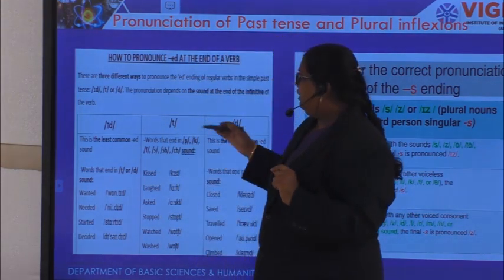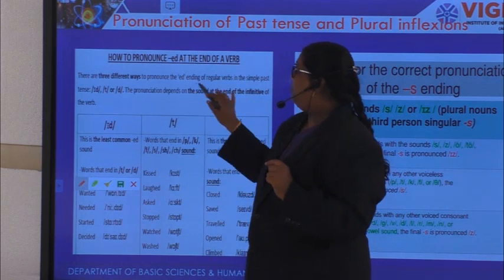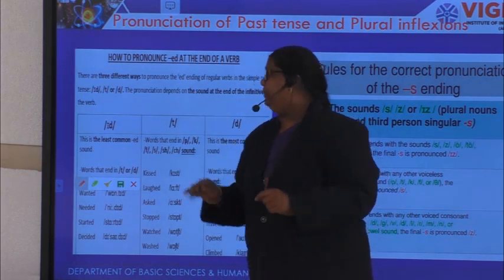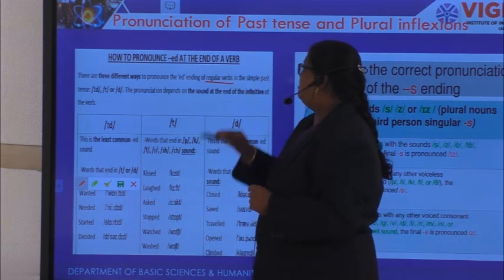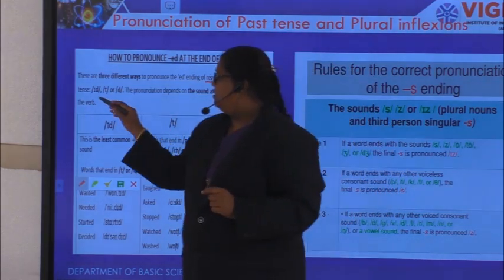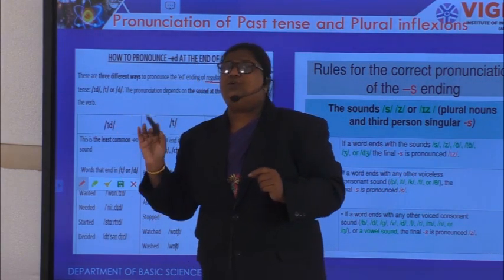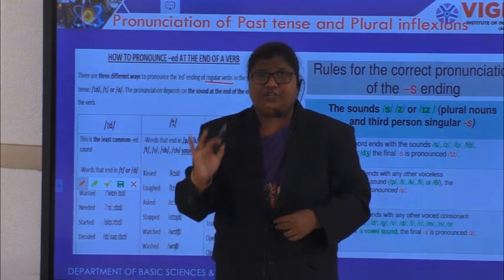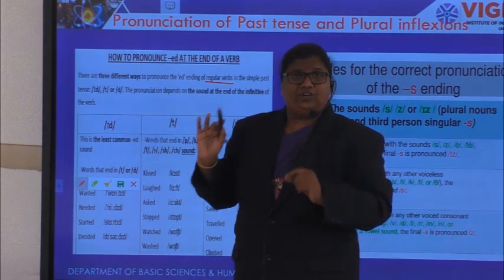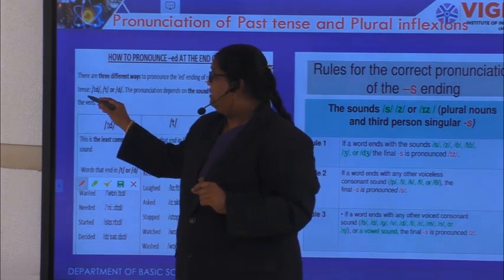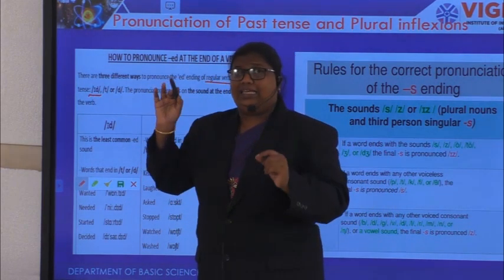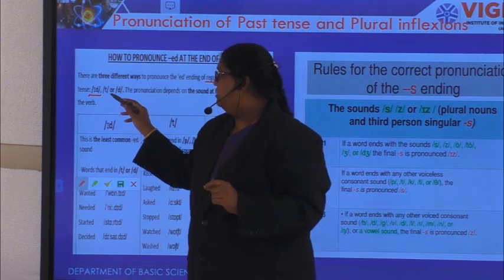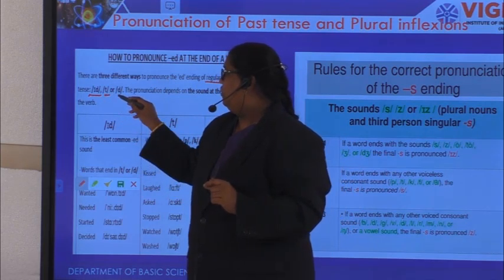Now here there are 3 different ways to pronounce the ed ending of regular verbs in the simple past tense. So how do you need to pronounce it? If you add ed or t or d to any regular verb form, you have to pronounce it as id, or t, or d.